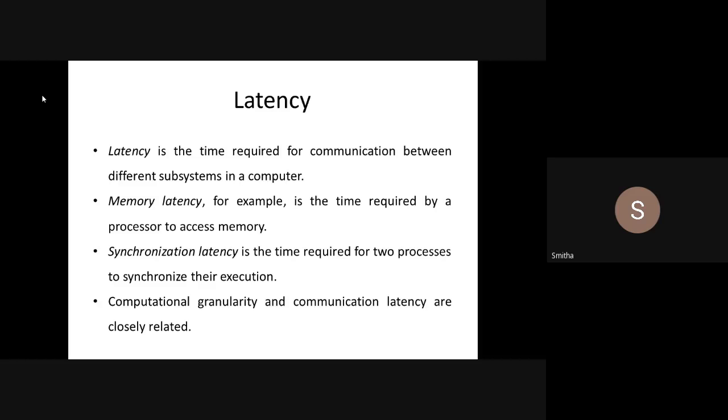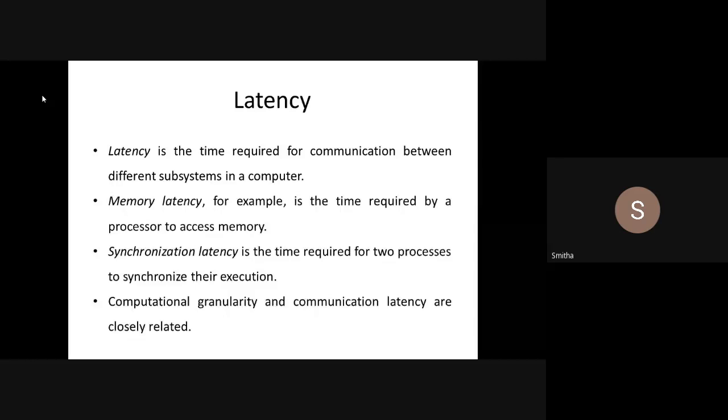I hope you have now got what latency is. First, it is the time required for communication between different subsystems. So we can have memory latency and synchronization latency. Now, what is computational granularity?